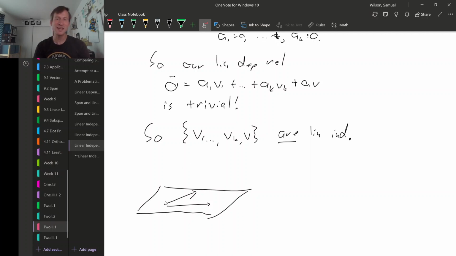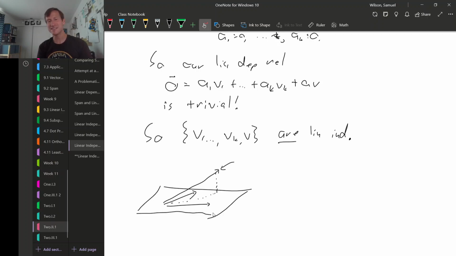If you take some vector not in this span, so like this vector maybe, the span of all three, well, these three together are linearly independent, right? If we started with two linearly independent vectors and we added a third not in the span of the first two, then all three together are linearly independent.